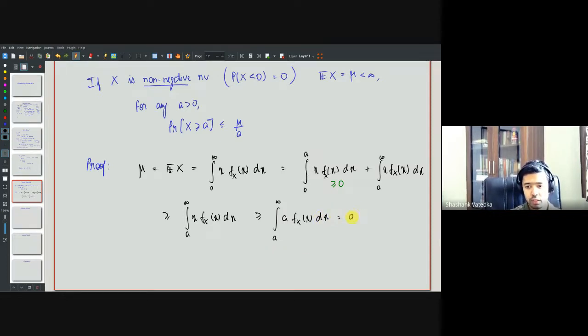But what is this quantity, the integral from a to infinity of fx of x dx?